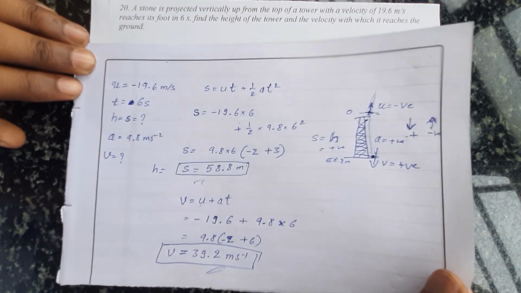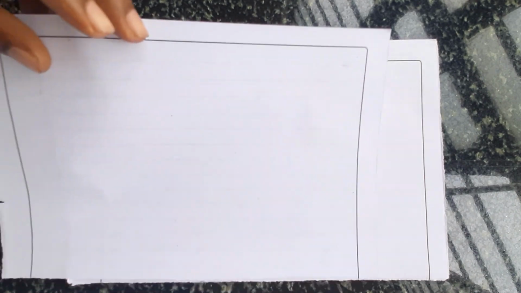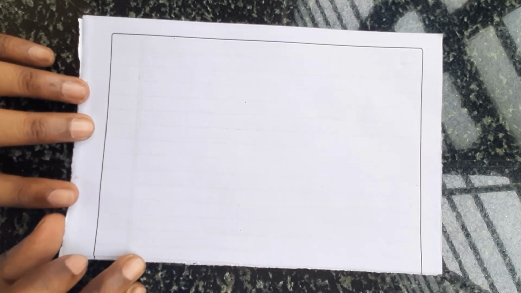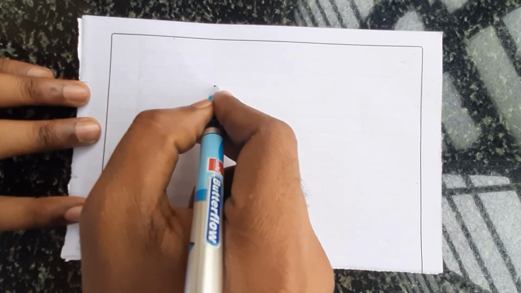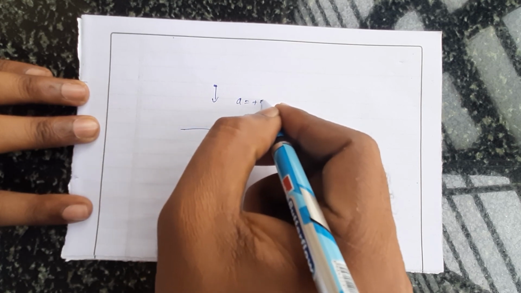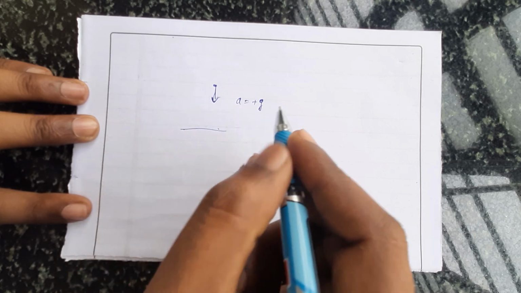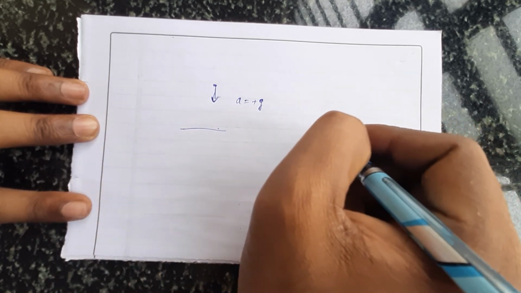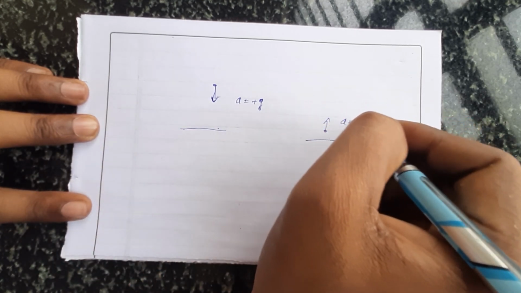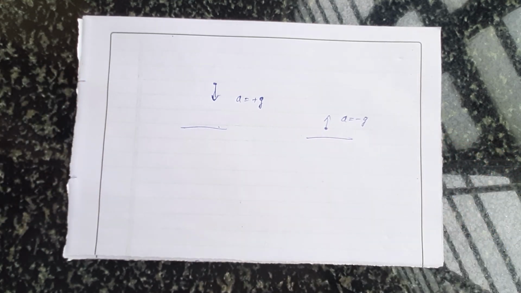But when I take the general situation for all the equations of motion for a body falling downwards, we took acceleration positive, plus g. And if the body is vertically thrown upwards, we took acceleration as minus g. That's it. Rest everything is as follows.